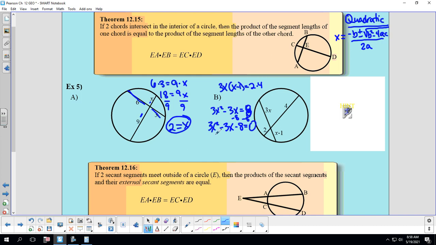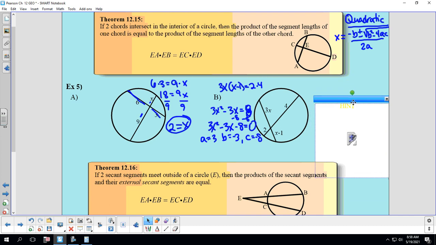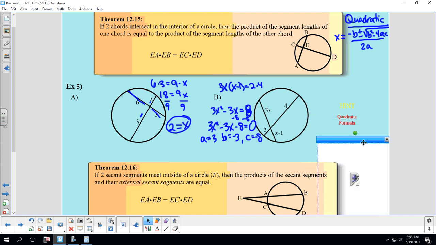Okay, so in this case, a is 3, b is negative 3, and c is negative 8. So we're going to take this formula and plug it in.